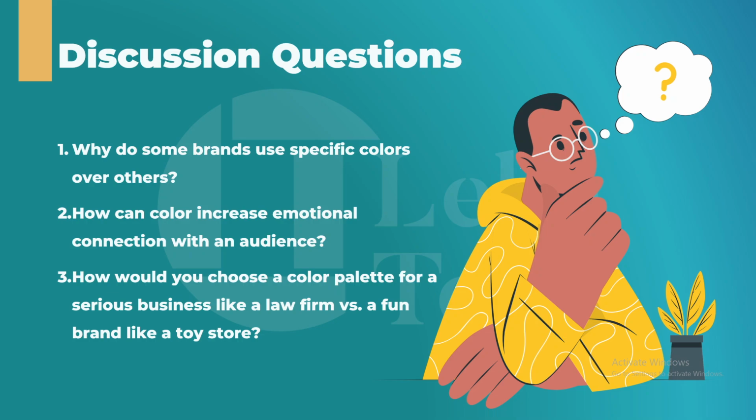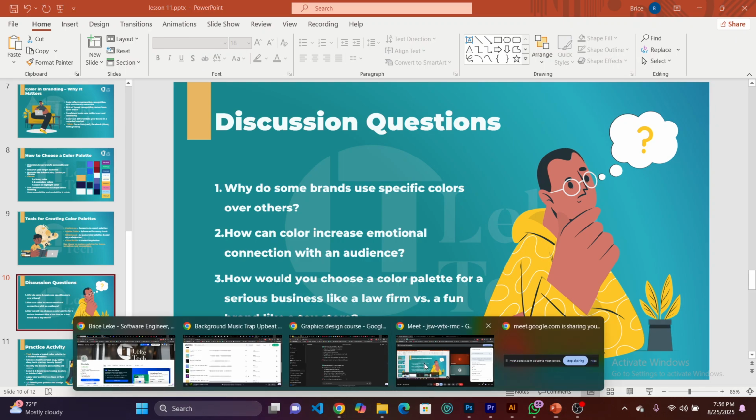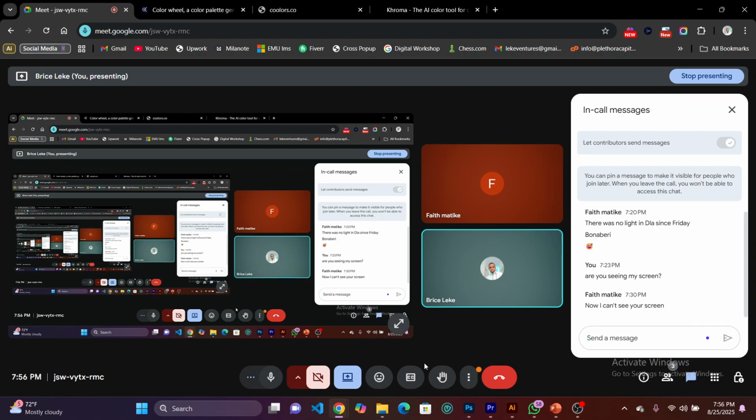Let's head into discussion. So the first question is, why do some brands use specific colors? In your opinion, why do some brands use specific colors over others? Because they're trying to represent what their brand is.